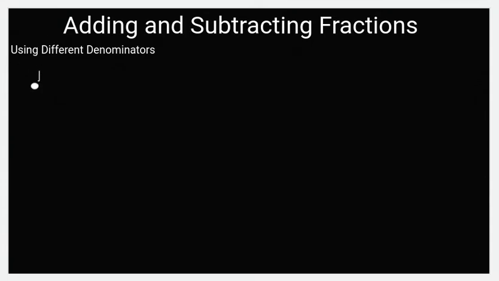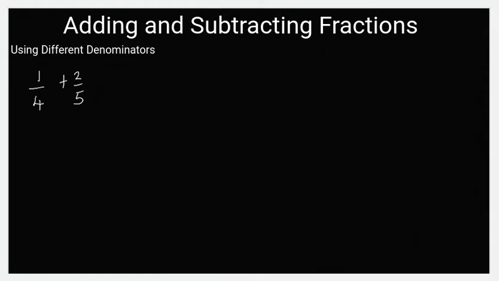So let's add 1 over 4 plus 2 over 5. Now this is where our knowledge of the least common denominator would come to play. Okay, you have different denominators here, so you can't just add the numerators straight away.